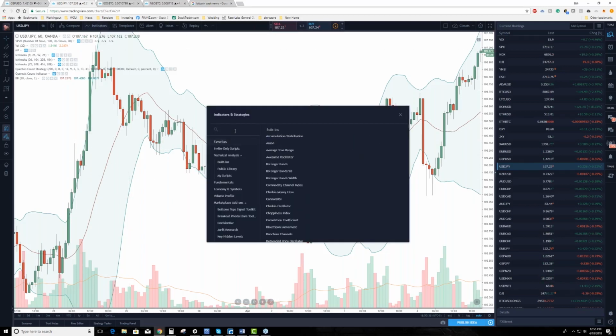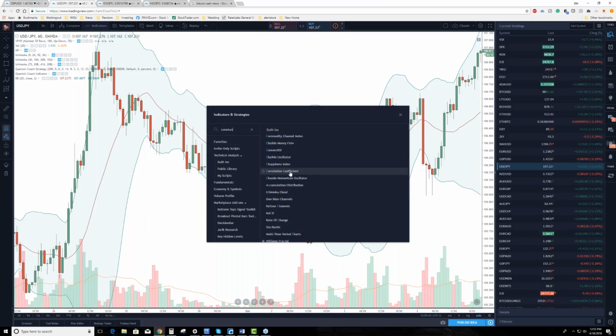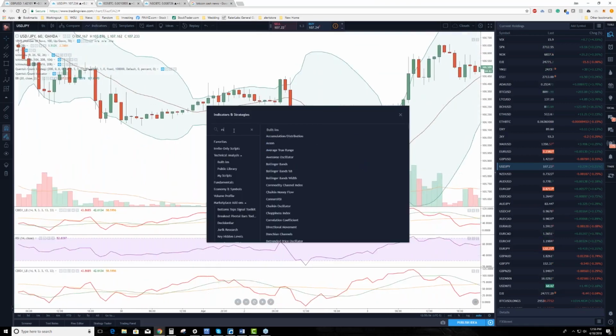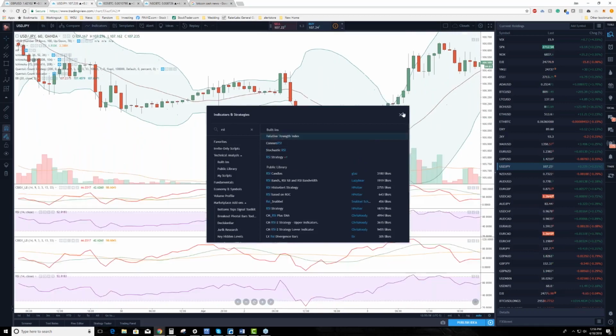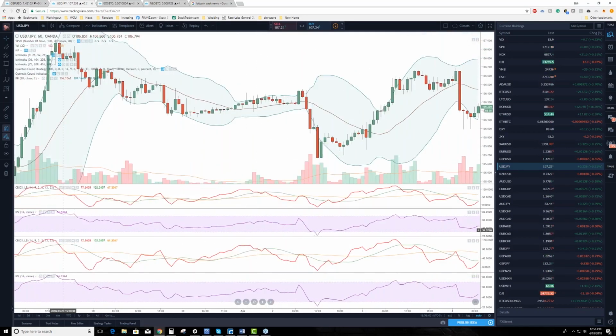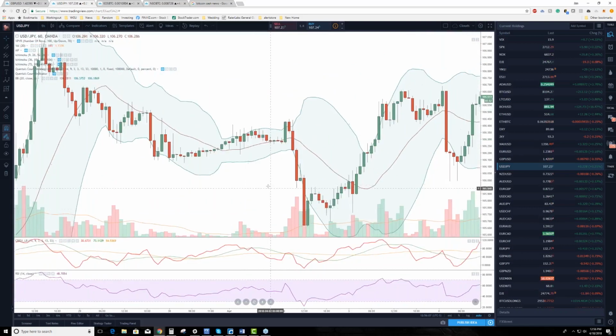Well, we have to use another type of indicator to look at that. So we can use the composite index, which is my favorite. And one of the sure signs that something is going to reverse off of a Bollinger breakout is, what in the world? Because I already had those on there.